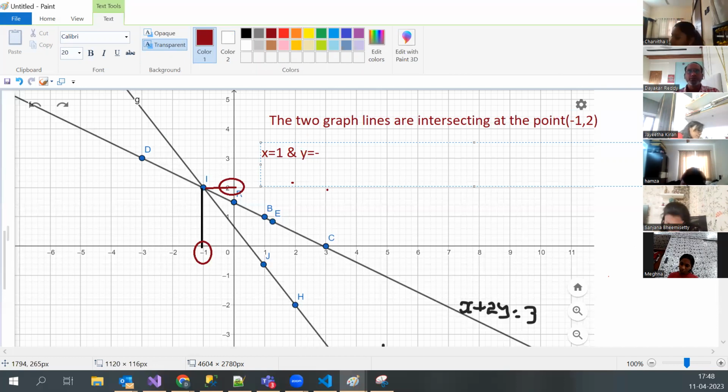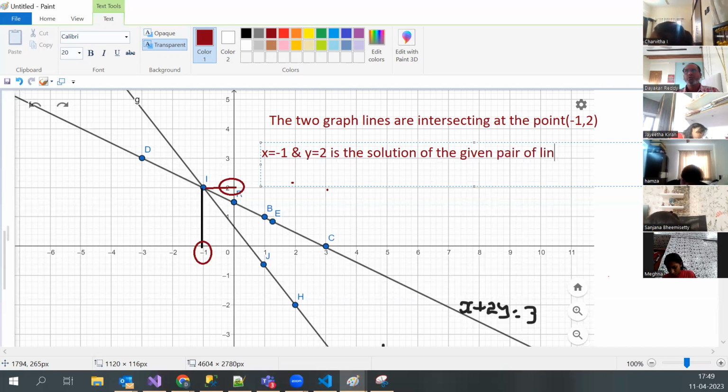I'm sorry, I told wrongly. What is the solution? x equal to -1 and y equal to 2 is the solution of the given pair of linear equations.